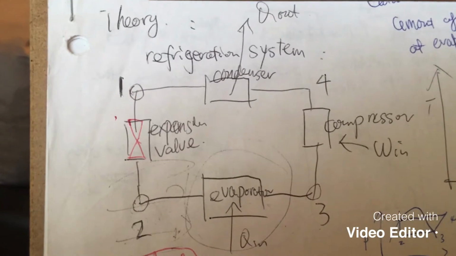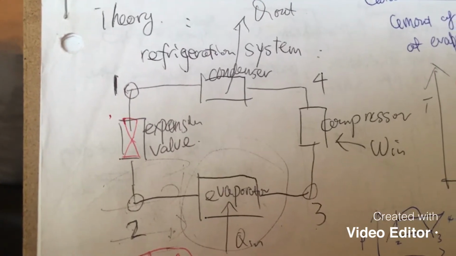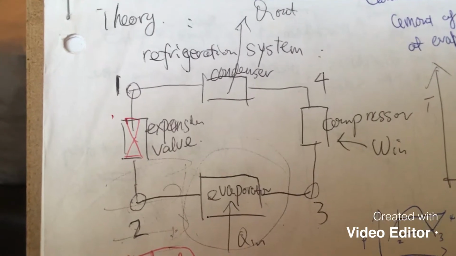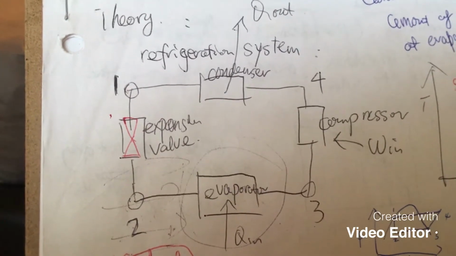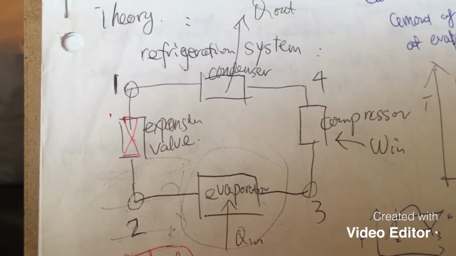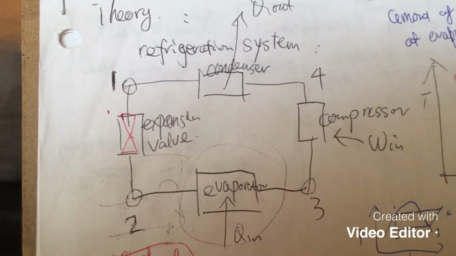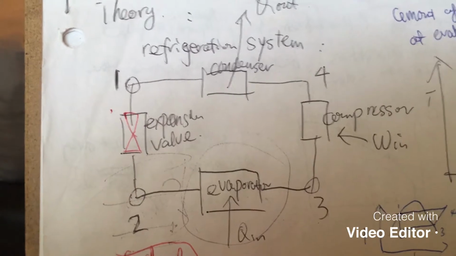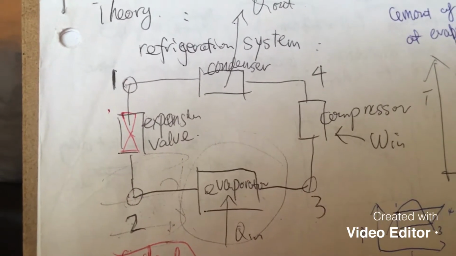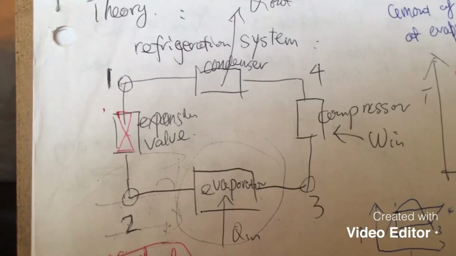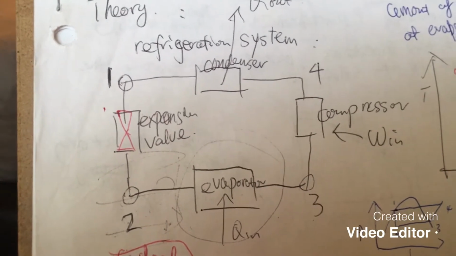Then in the condenser, that heat transfer is heat transfer out. Condenser is a heat exchanger. It reduces the temperature of the hot refrigerant, right? The condenser heat exchanger fluid receives heat, okay, from the refrigerant.